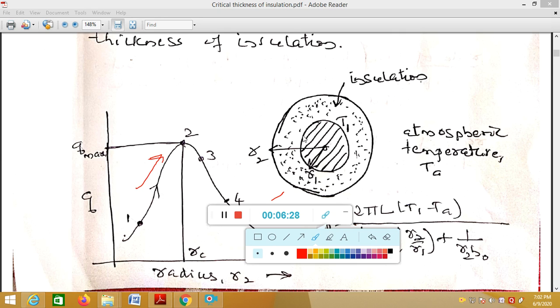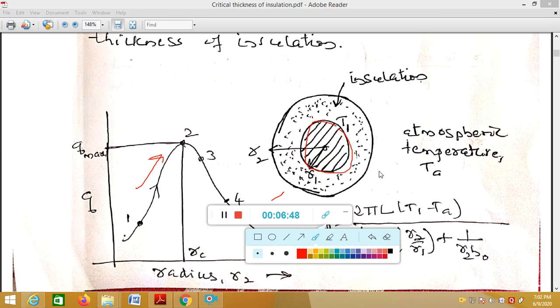This will decrease the surface temperature of the wire. Therefore, addition of insulating material will help to keep the cable as cool as possible.